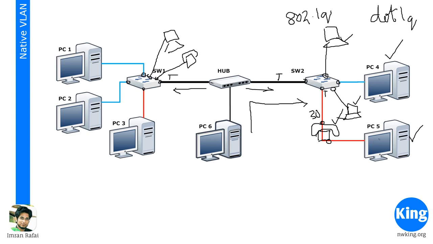But now PC5 is coming without any tag because this is a trunk. You don't configure any VLANs on a trunk, right? If you remember, we just create switchport mode trunk. We don't say switchport mode access, switchport access vlan 10, right? So an access port you give a VLAN number, but a trunk port you don't give a VLAN number. So it goes back to the same concept that we discussed with PC6. It goes without a tag.